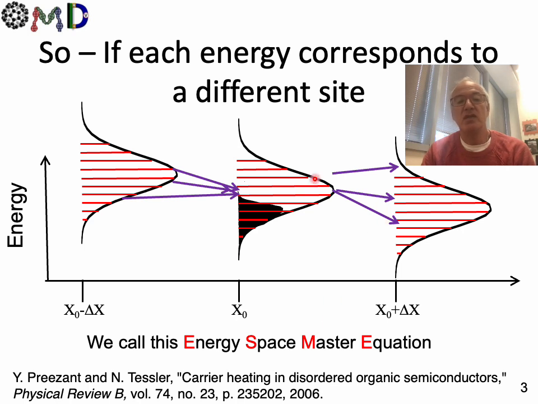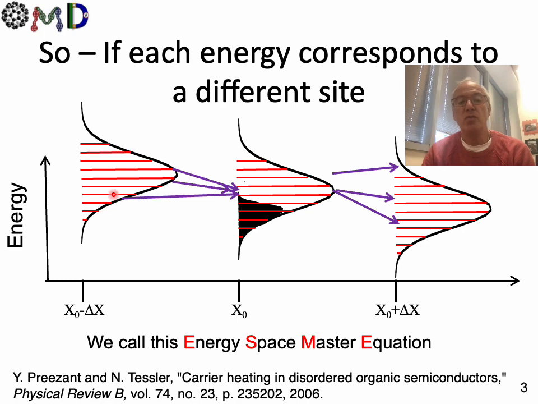So then we said we can introduce another method where we divide the density of states into slots to mimic the effect that each slot is actually a different site in the real system.